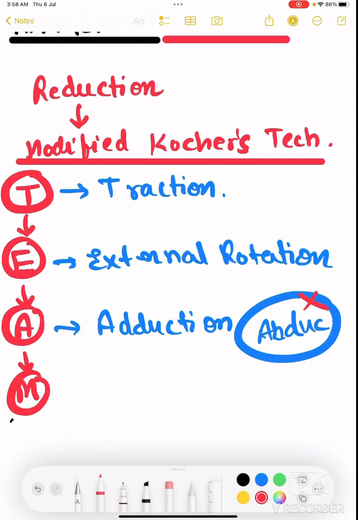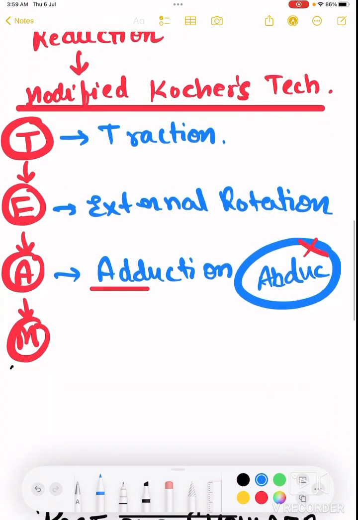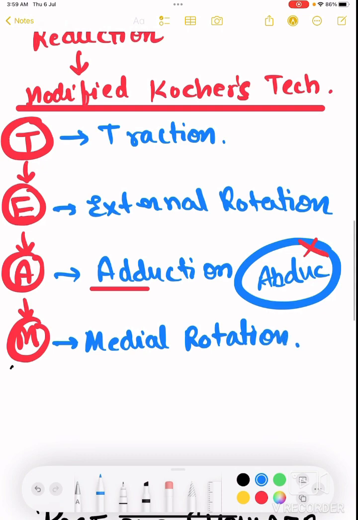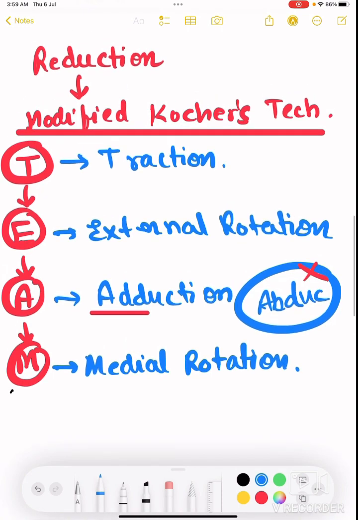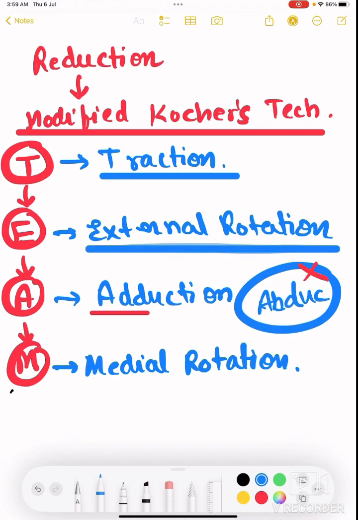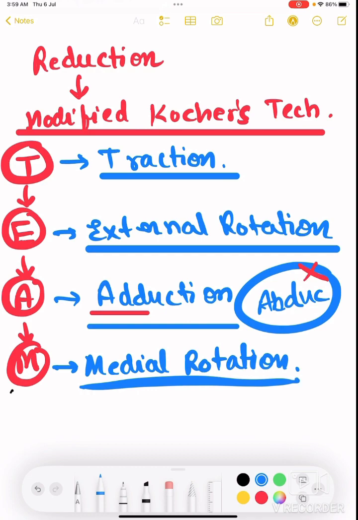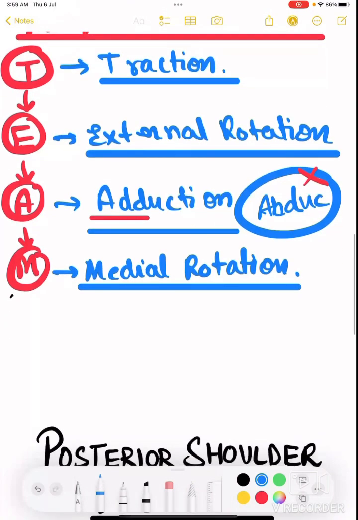It is adduction, not abduction. Then M stands for medial rotation. So first of all, if there is a dislocation of shoulder, you will take the arm of the patient and then pull it. You will give traction first of all, means T. Then you will externally rotate it. Then you will adduct the arm and then medially rotate the arm lastly. And in this way, you can reduce the dislocation.